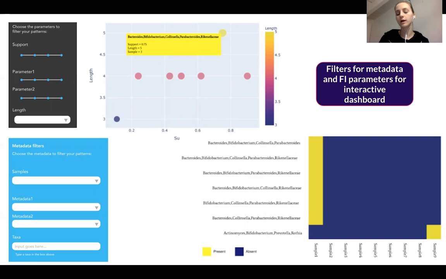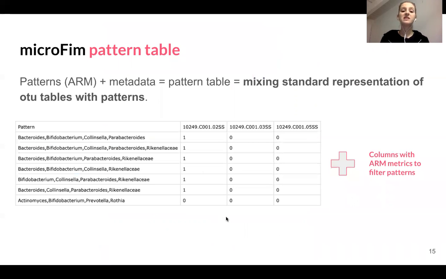And then we can visualize interactively with the common plots of biodiversity or microbiome analysis, like heat maps, for example. This is the pattern table, a mix of the standard representation of an OTU table with patterns. So we have patterns with presence and absence for each sample, and then columns with our metrics to filter the patterns.